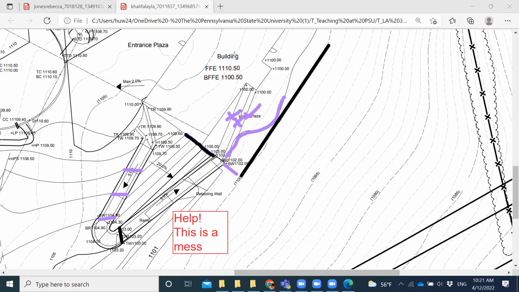So if I do, well, change back to this color. If I do this, if I can somehow let this contour do that and then attach to this wall, you wouldn't need this portion. So if this is 1101, then that's all you need.